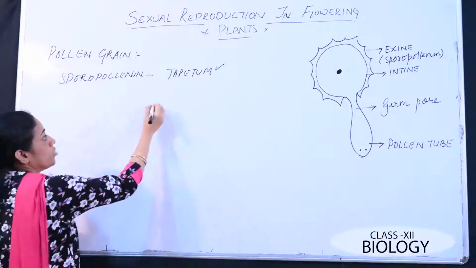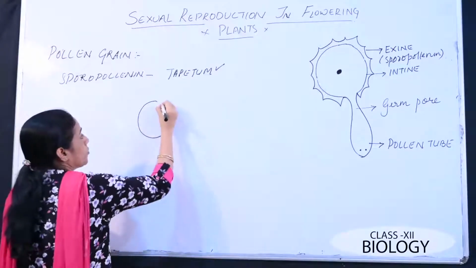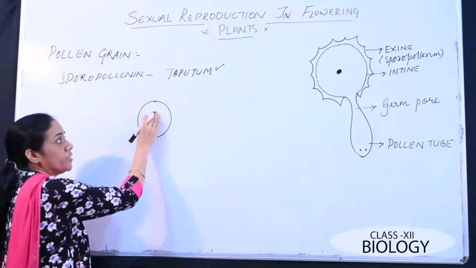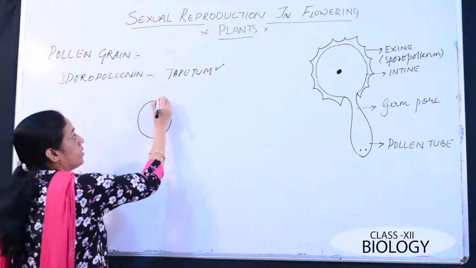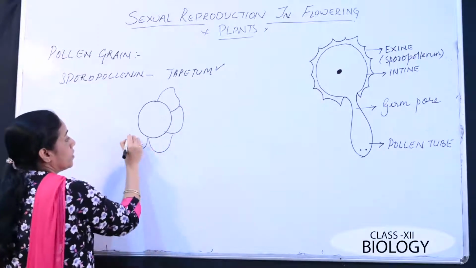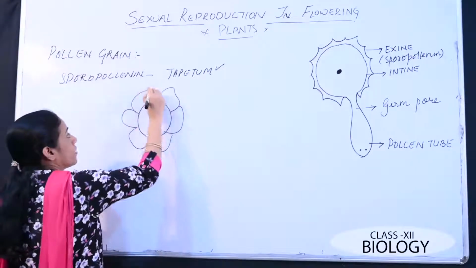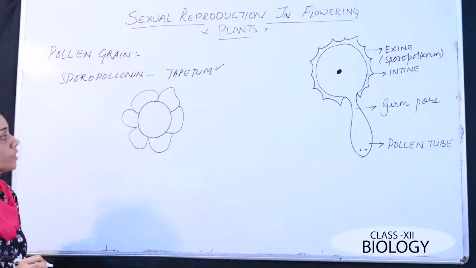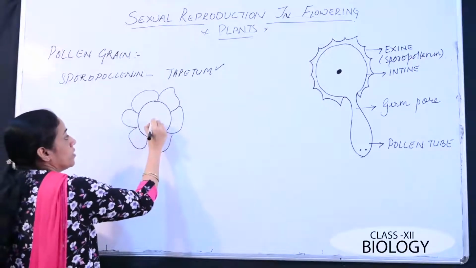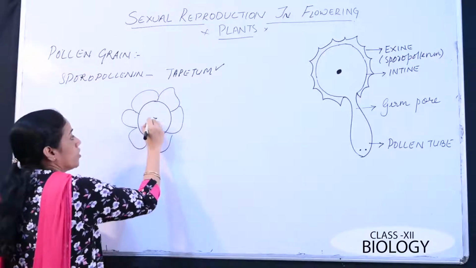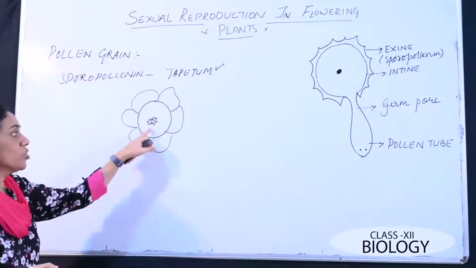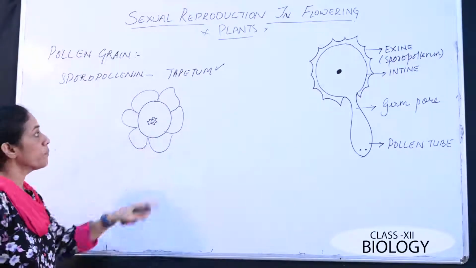If you remember, students, we had made a sporangium, and inside there are the sporogenous cells, and here I had made the tapetum. In the previous class you might remember this diagram. The pollen grains are being formed inside by the process of microsporogenesis.